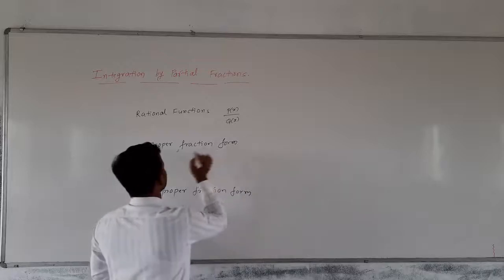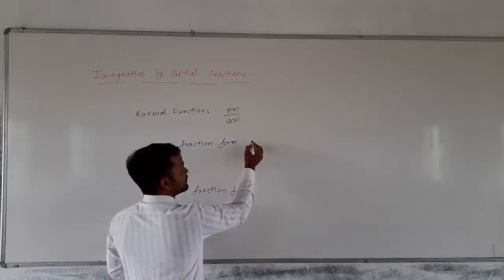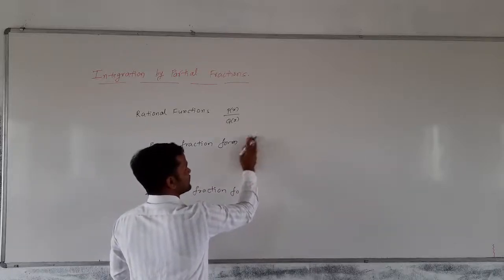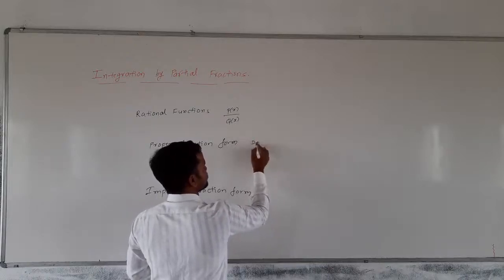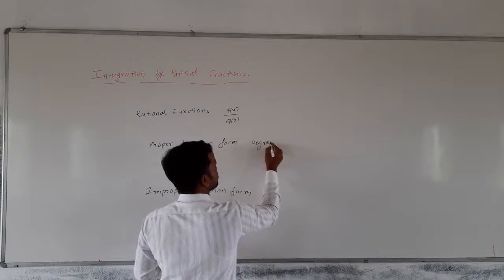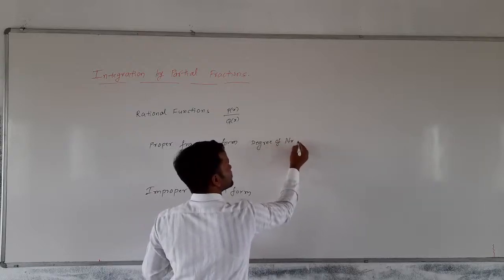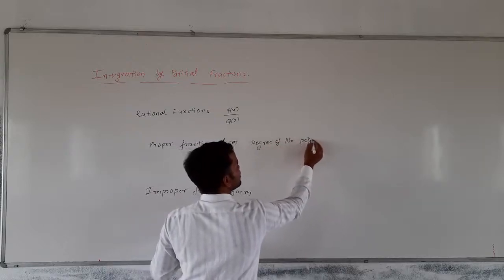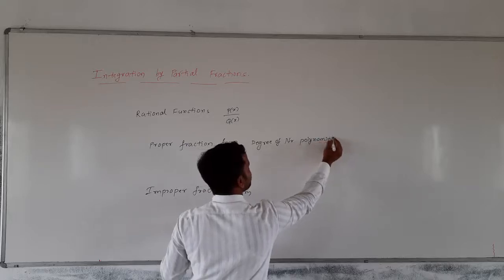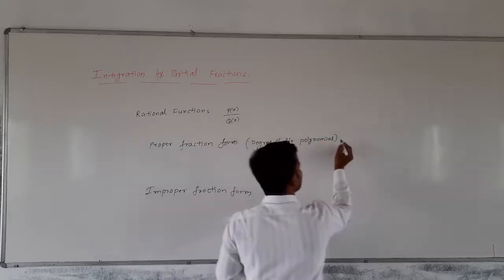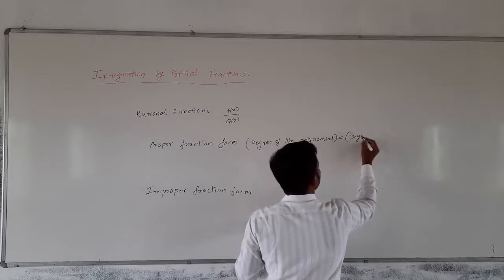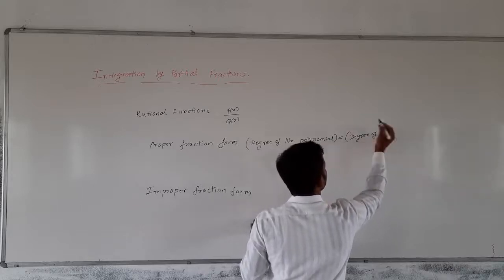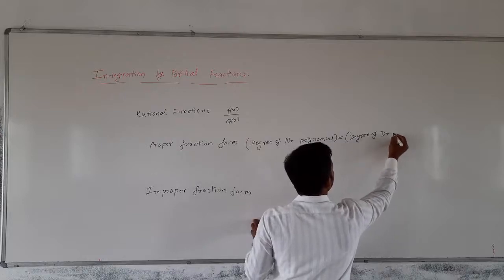You see, it is proper fraction form when the degree of the numerator polynomial is less than the degree of the denominator polynomial.